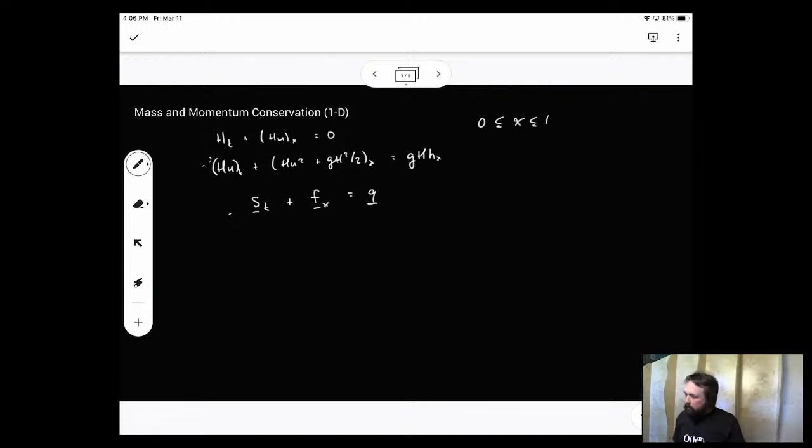Now, when we do the discretization, remember what we did was we said that S is a polynomial of degree n. So the way we write that is S is in that space of polynomials of degree n. F is as well. So we co-locate the fluxes with the solution variables.